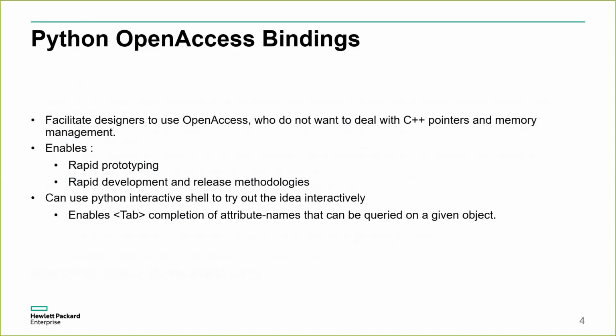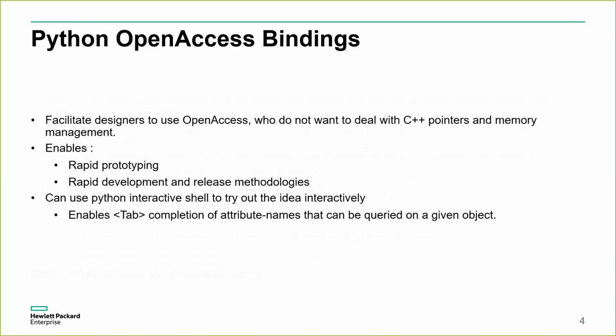So it's pretty amazing compared to the time taken with C++ to develop such tools, because you always are dealing with pointers, references, and memory management. And Python takes care of memory management, so you're off the hook for that.